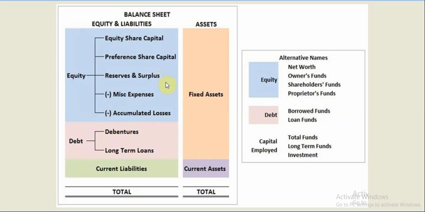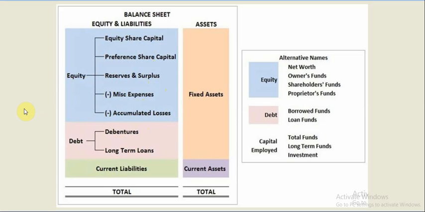The same way, if there are accumulated losses, we have to reduce accumulated losses from this balance. That is what is given here. So friends, equity is equal to equity share capital plus preference share capital plus reserve and surplus minus miscellaneous expenses minus accumulated losses. And I forgot to mention one more point.